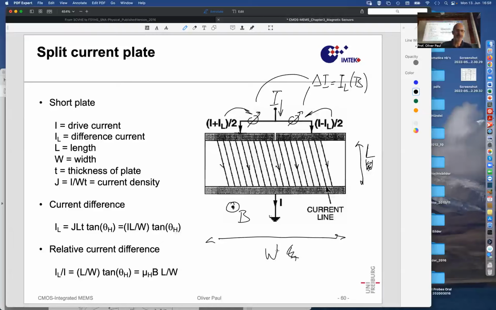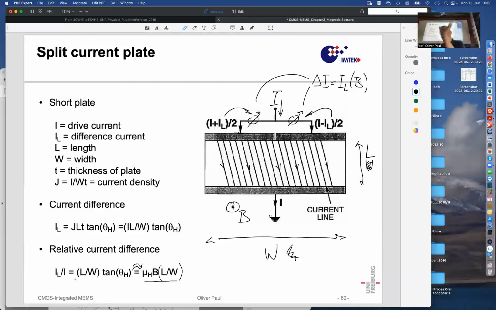And so the relative current difference can also be calculated, and it's going to be with tangent of theta Hall. It's going to be approximately mu h times B times some geometry factor. And that's now the Hall current difference per input current.